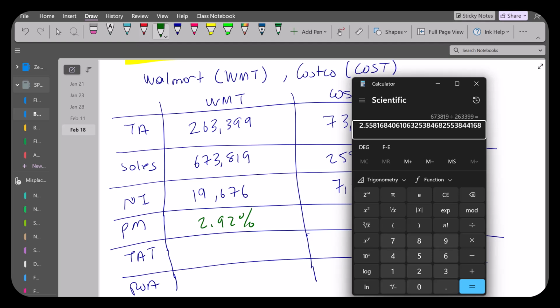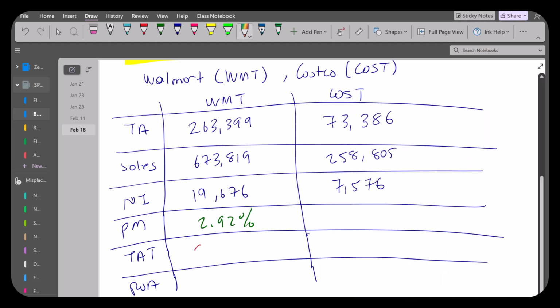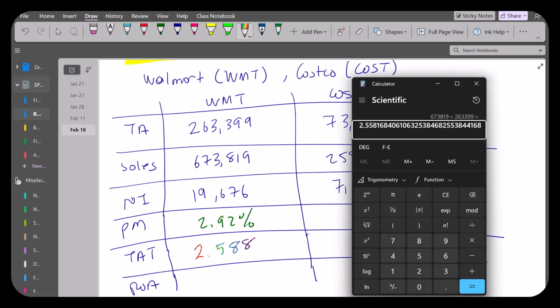Let's give it a rainbow color. And ROA is simply the product of the two. Okay. 7.56%.